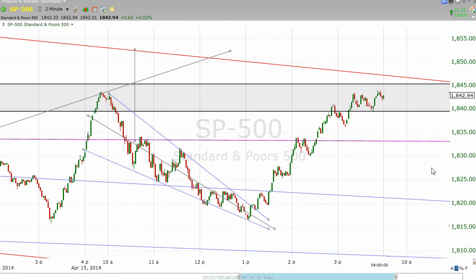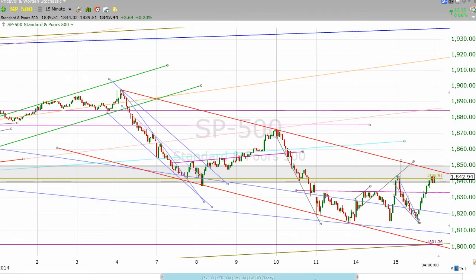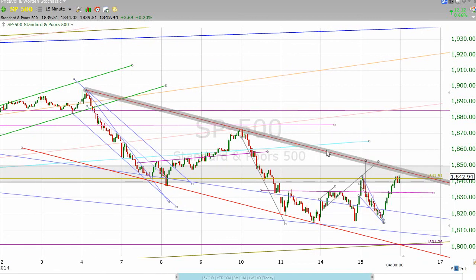So let's see what happens tomorrow. There may be a little sign of a little rolling over near the end of the day today, but I still think we are very likely to at least challenge this red line at some point tomorrow.